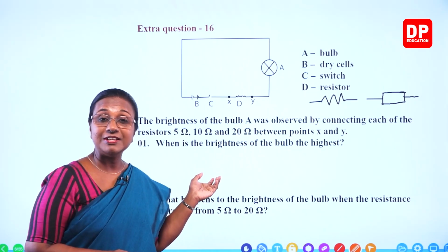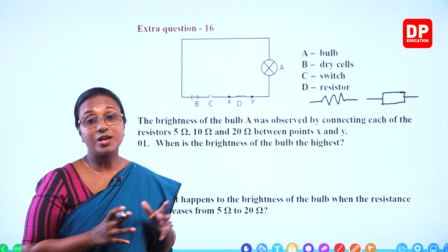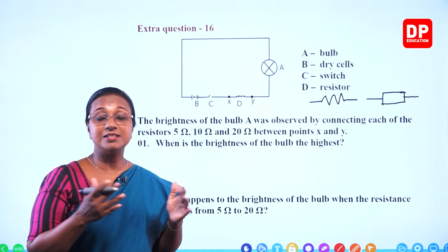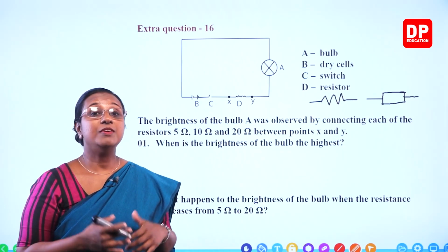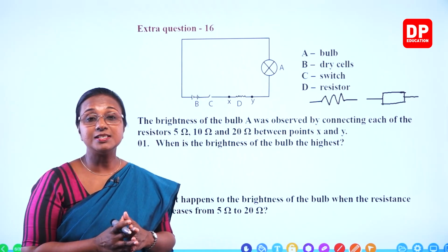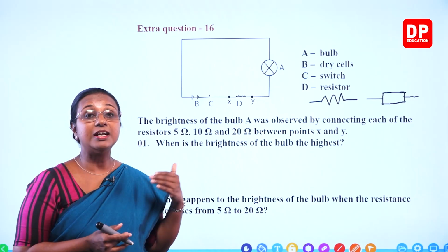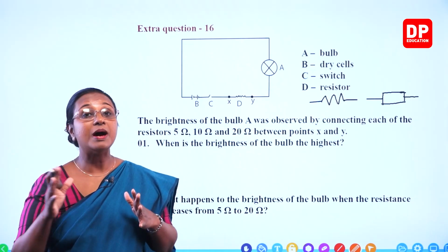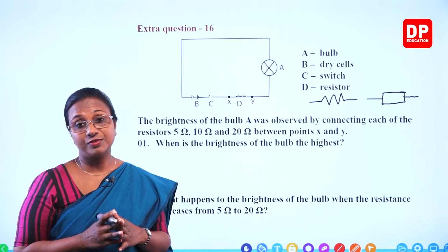Now this is an activity we did in the lab, students. You all can remember. To understand the relationship between resistance and current flow, we used different fixed value resistors. We had the bulb, we connected the different resistors and we observed the current flow by observing the brightness of the bulb.